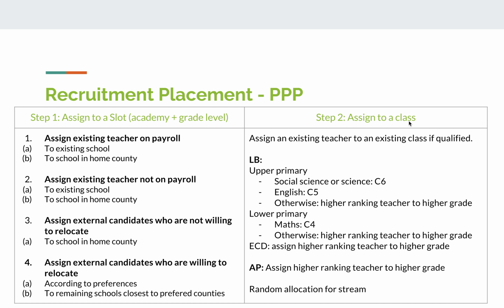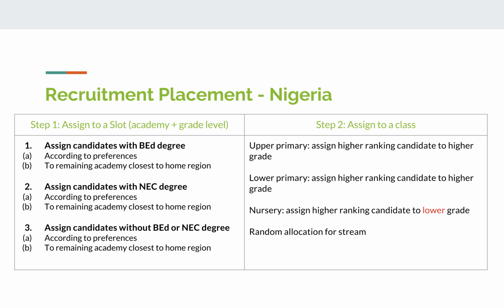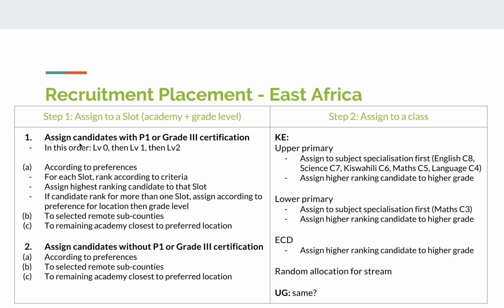This is how we rank these teachers according to particular criteria and give them a score, which will help us place them into the right location and the right class. In all of our East Africa, Nigeria, or PPP markets, it would be through the same logic and the same flow.